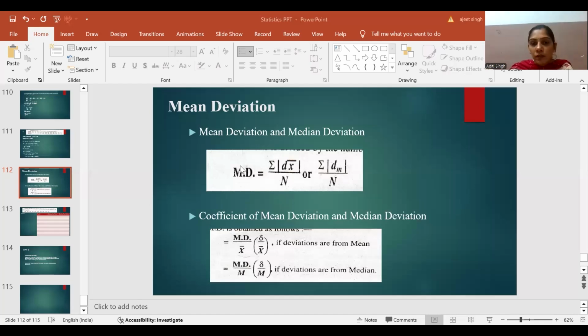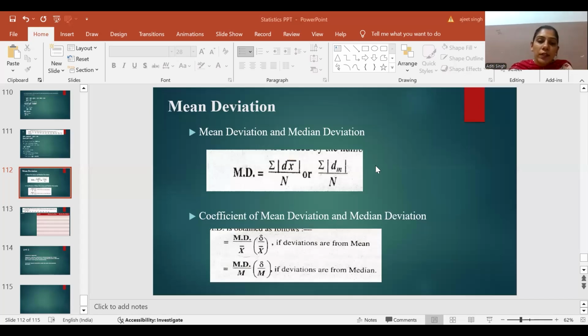If we are calculating mean deviation with mean, the formula is sigma dx bar divided by n, and if we are calculating with median, then it is sigma dm divided by n.